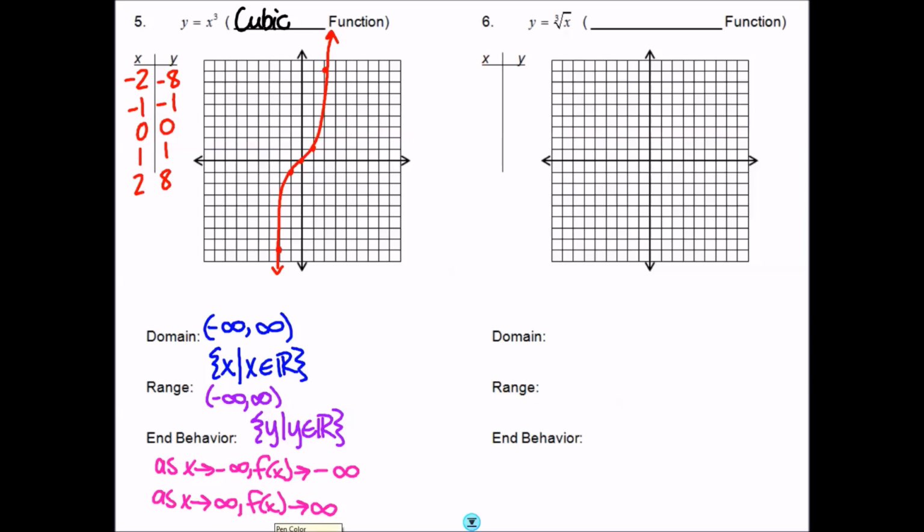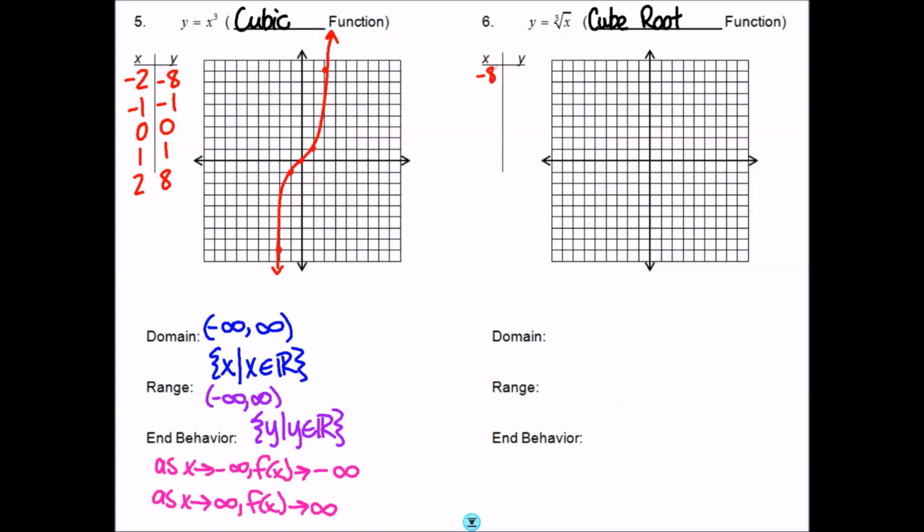The last graph we have here is a cube root function. Now, I need to think what numbers can I plug in for x that will be easy to take the cube root of.